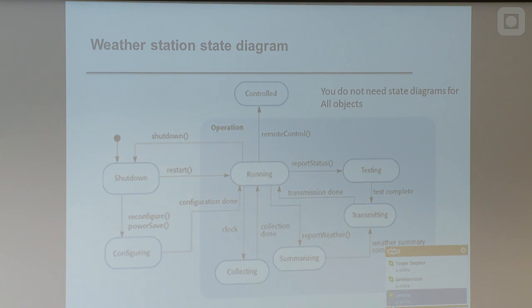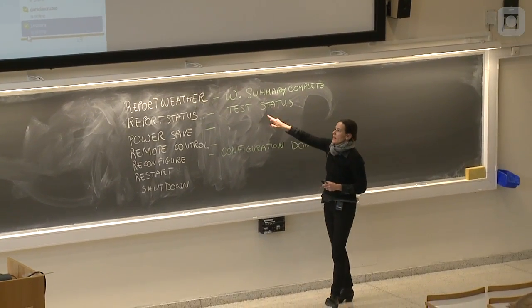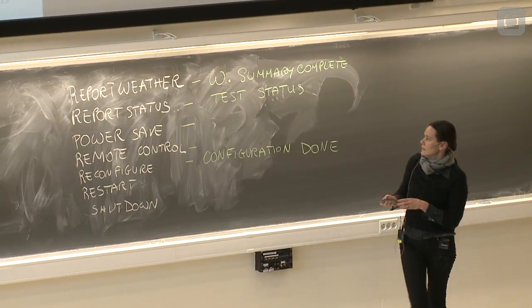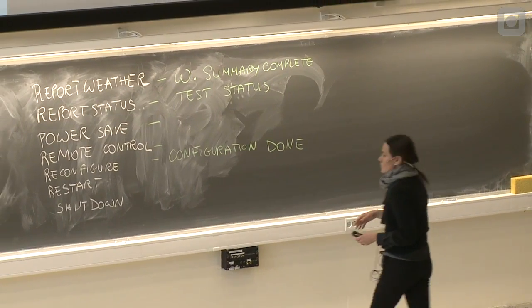To come out from that state, there will be some other action that we don't specify here. When I am in a running status, a report status method can come, that is this one, and this method in the end, when it is ready, has to return something that is called test status. No, test complete, sorry.